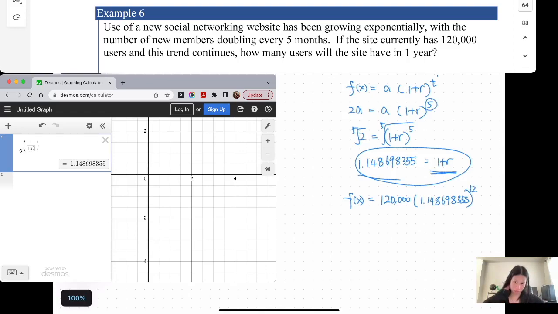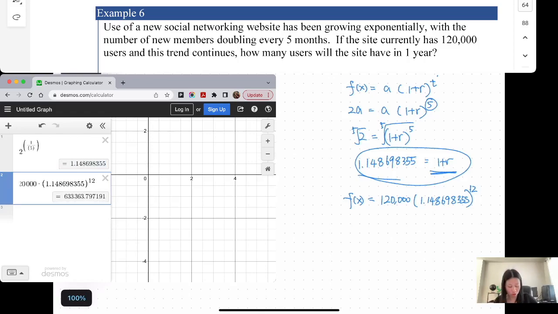So now we can use the decimal to find out what will be the output after a year. Let me copy these in here, to 12 months.